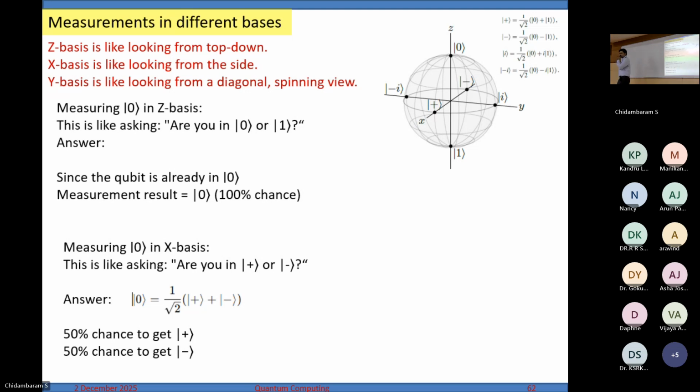How has this come? Madam, when you apply Hadamard over 0, what you get is this. When you apply Hadamard over 1, what you get is this.